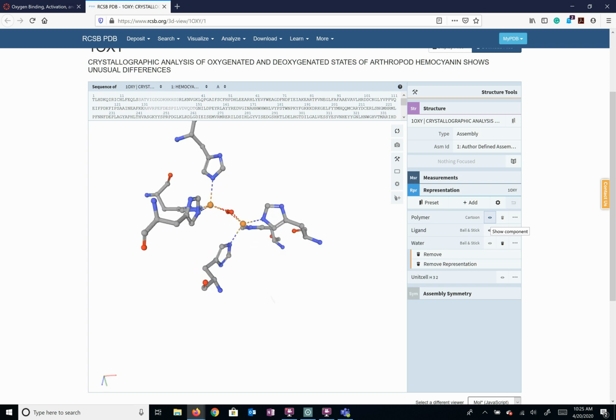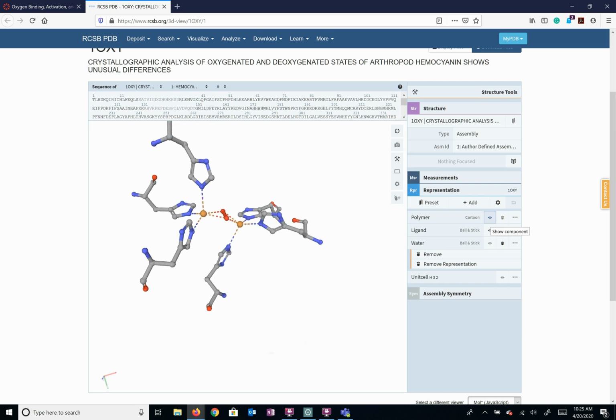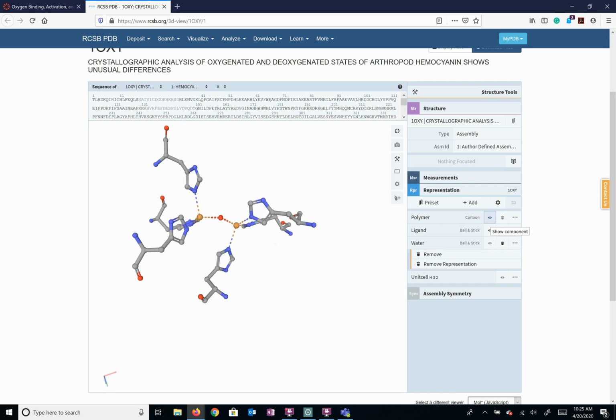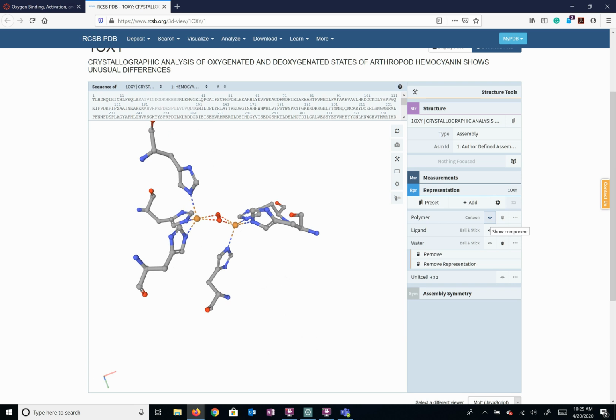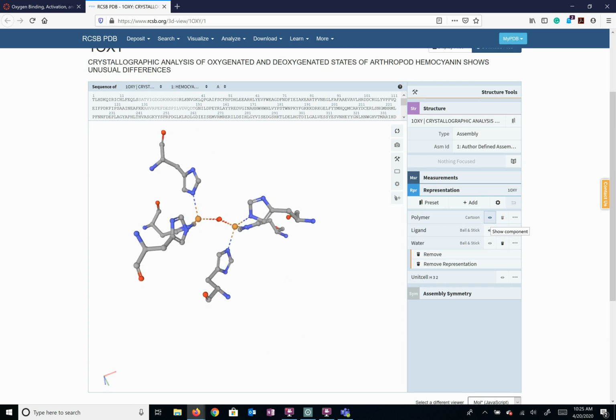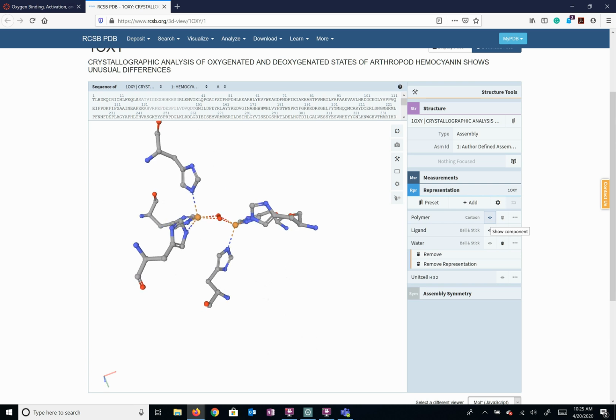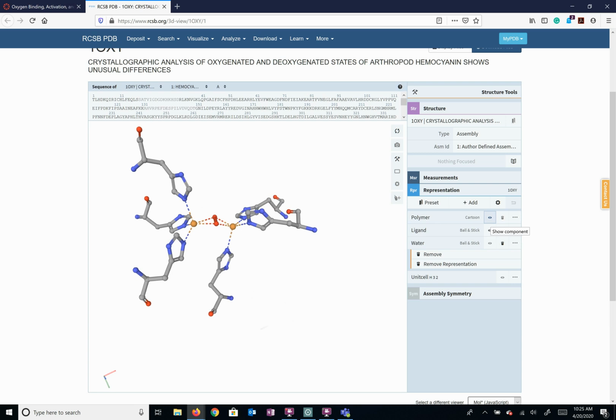So this is an oxygenated form of hemocyanin. You can see the 3 histidines there in blue, the coppers there in orange, and then the oxygen in there is in red. We can see that the oxygen is sitting outside of the plane that's formed by the 2 copper centers there.